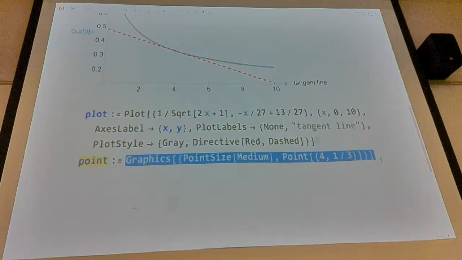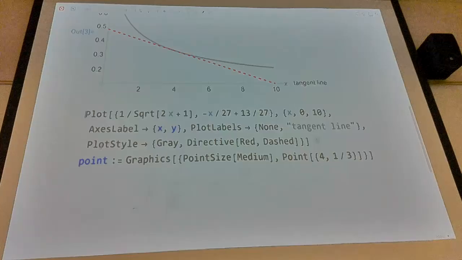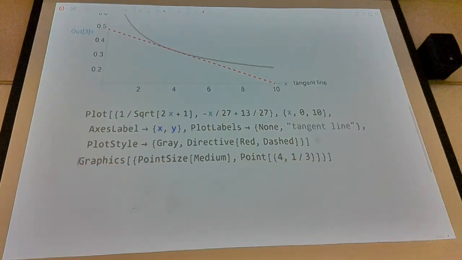I'm just defining these now as variables. Because if I don't do that, if I just execute it like this, that's what it gives. But I want to get them on the same axis.